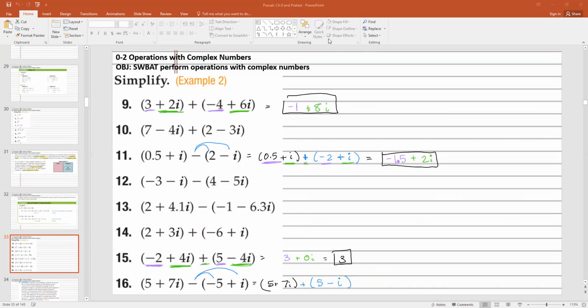All right, and then combine like terms. 5 plus 5 is 10. 7i minus 1i is 6i. And that's it.